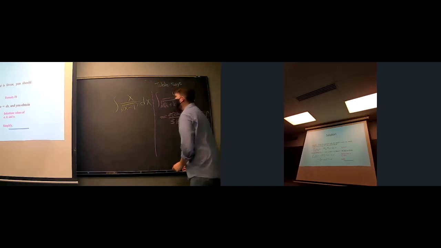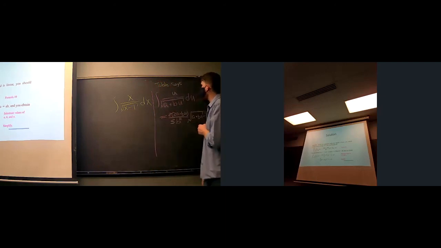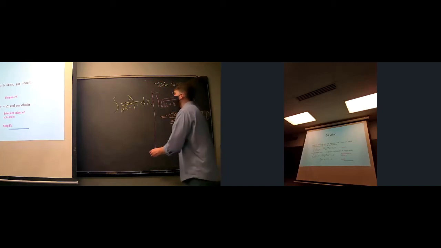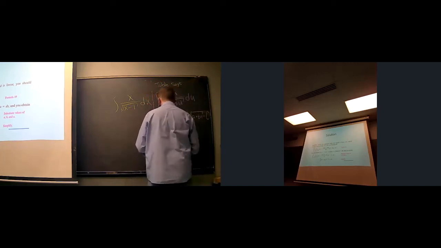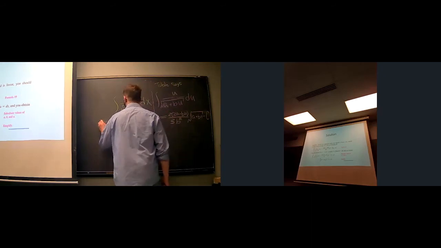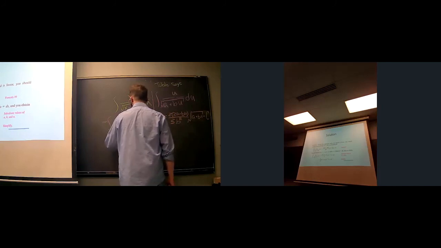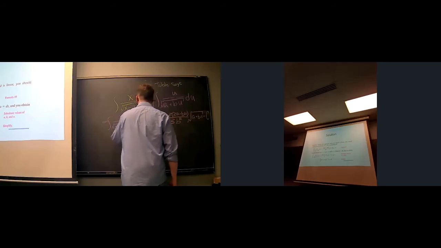So now we come over to our problem. We're going to have to rearrange some of this. When we do, what we're going to have is x over the square root of negative 1 plus x dx.